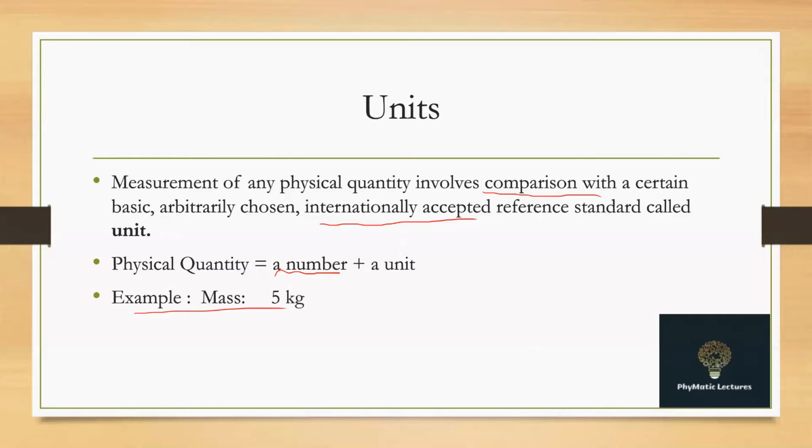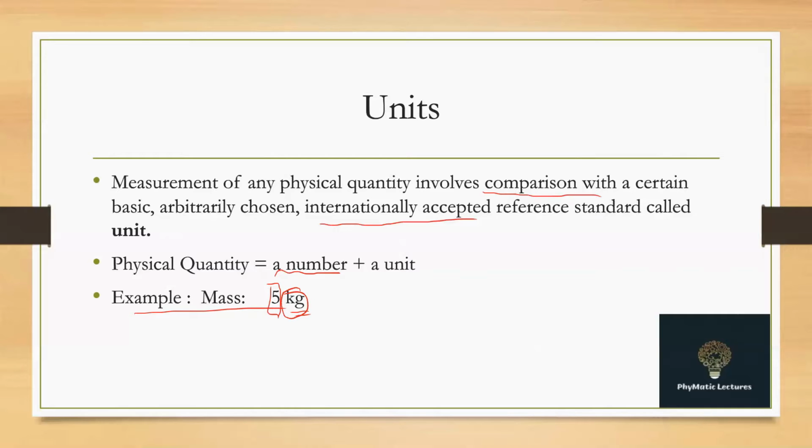What is that? Mass. So how are we expressing mass? Say, for example, 5 kilogram mass. I quantified this mass. So in 5 kilogram mass, 5 represents the number. And how to understand what kind of physical quantity it is is based on this unit. So that is the significance of unit.